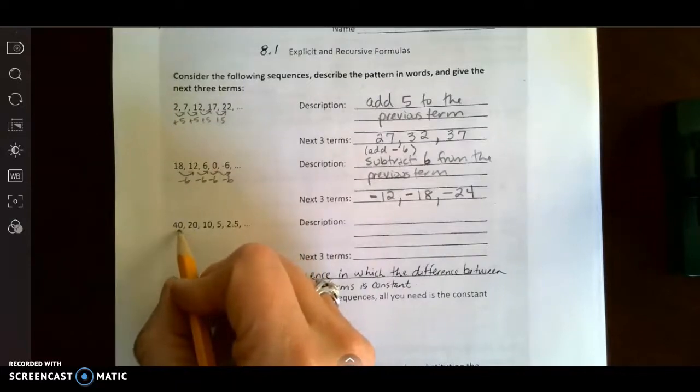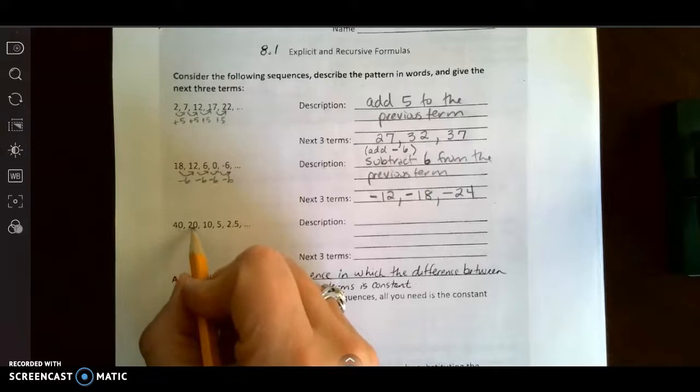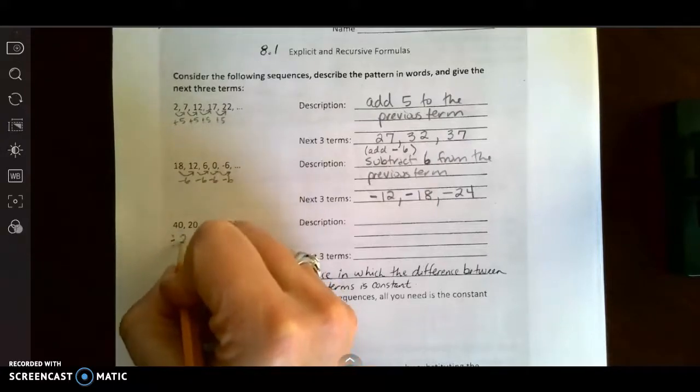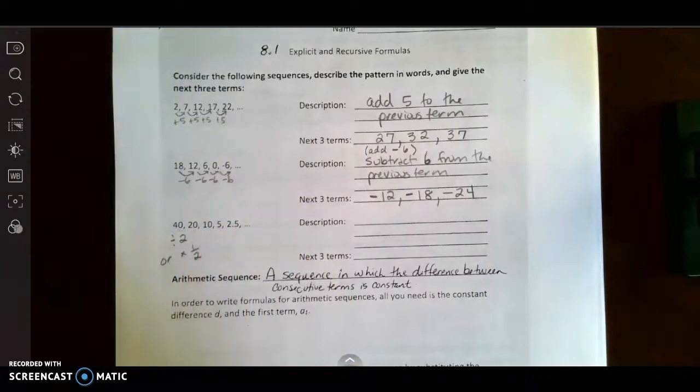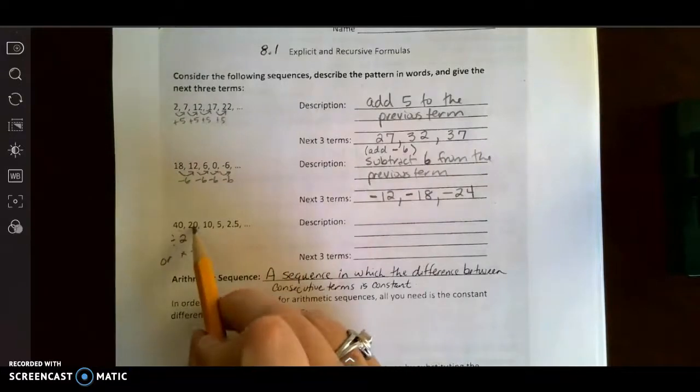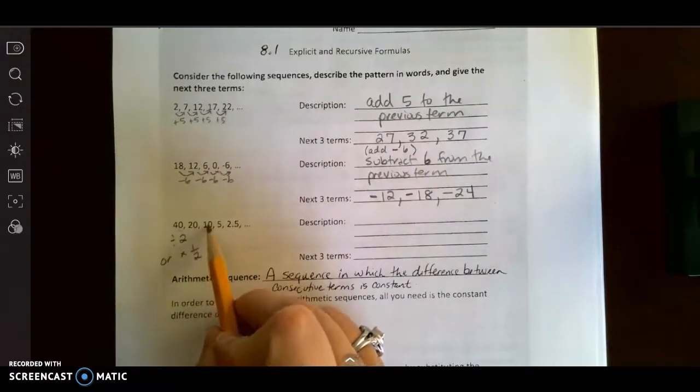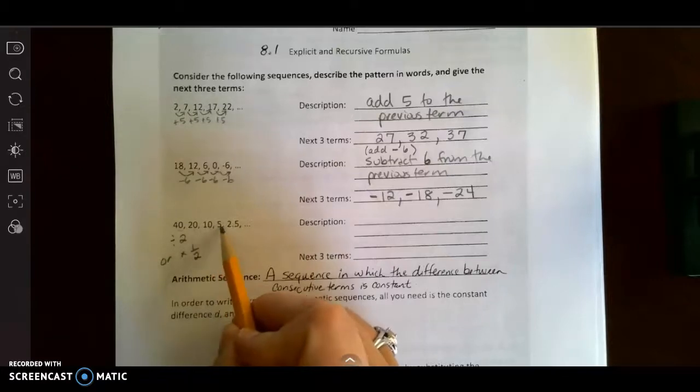So I can think of this as, to get from 40 to 20, I divided by 2, or I multiplied by a half. 20 divided by 2 is 10, or 20 times a half. 10 divided by 2 is 5, or 10 times a half.